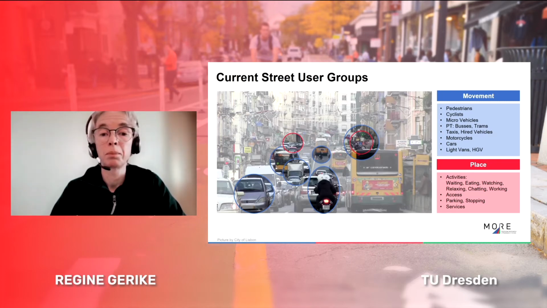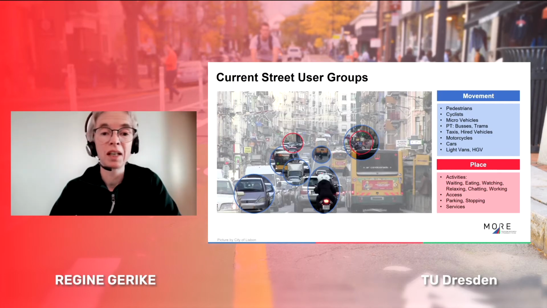We need to provide for parking, for stopping. So you see this here on the left-hand side, some parking lots, and services to be delivered to the buildings. These are the different functions in our streets along the classification of movement and place. And it's easy to see that it's hardly possible to accommodate all these different user needs and street usages comprehensively. You always need to set priorities.